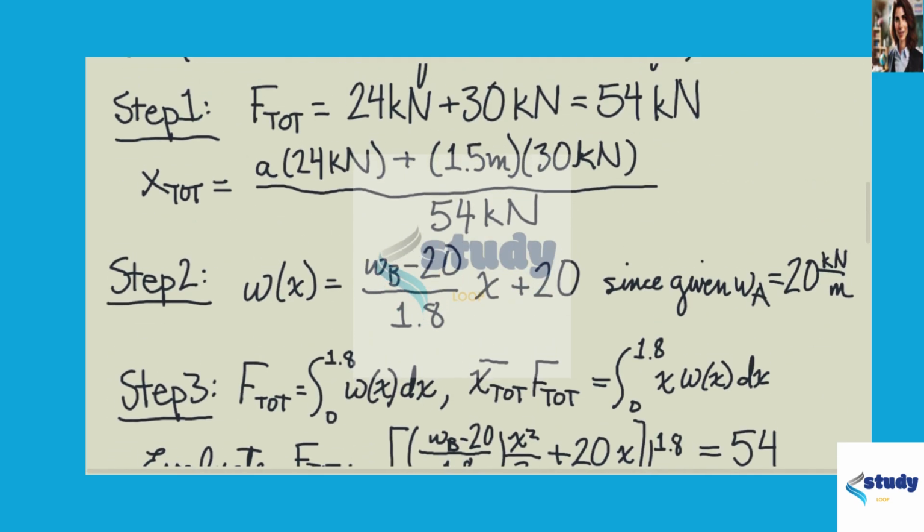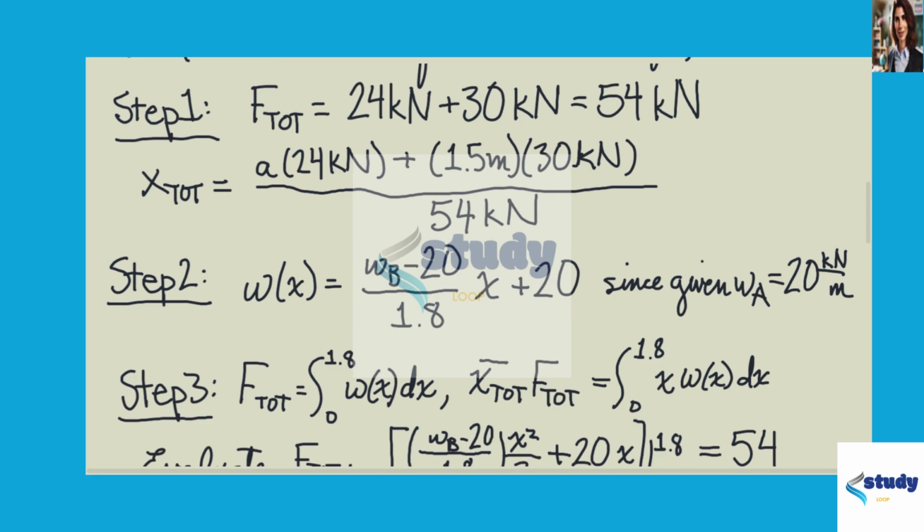Step one, finding the total force load. We have 24 kilonewtons plus 30 kilonewtons equals 54 kilonewtons. To find the centroid, we're missing a piece of information to get a numerical answer, so we'll have to leave it symbolic.